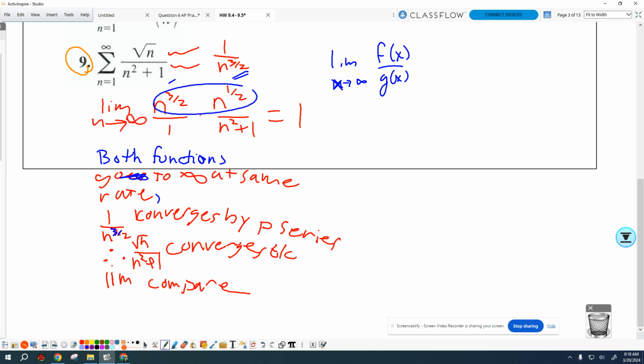This became n squared over n squared plus 1. If those were x's, and I asked you in pre-cal last year, where's the horizontal asymptote of this rational function, you would have told me 1. The point of using limit comparison versus direct comparison is that the plus 1, I can just roll right over it because at infinity it doesn't matter. Direct comparison, it messes everything up.